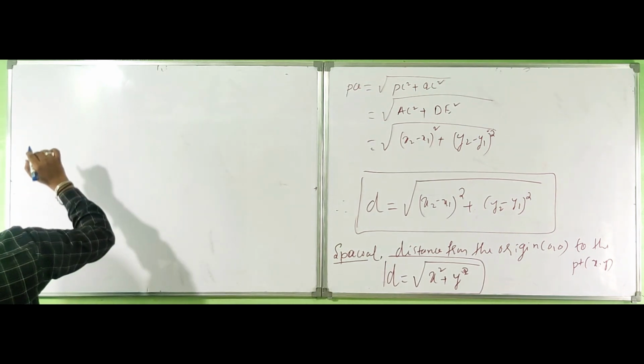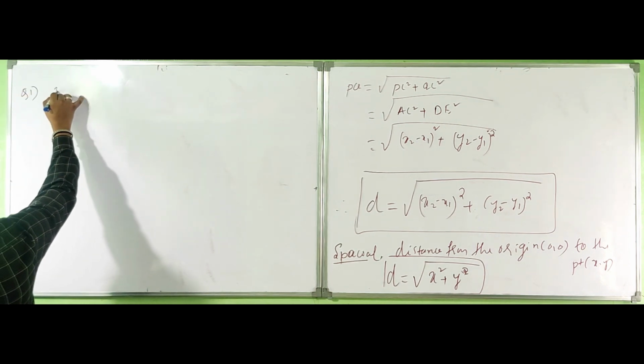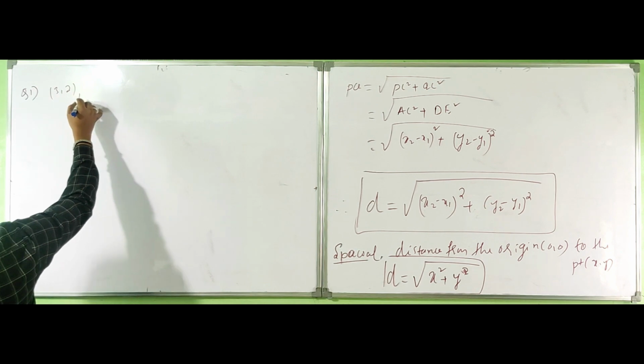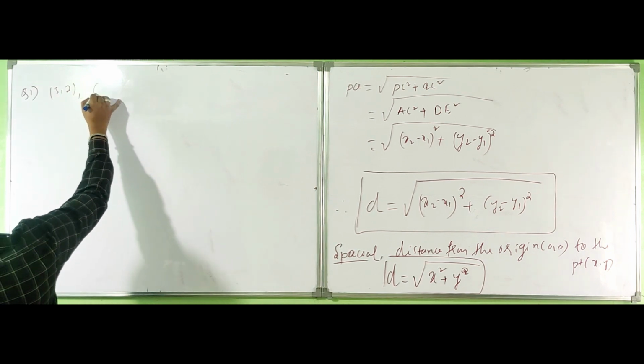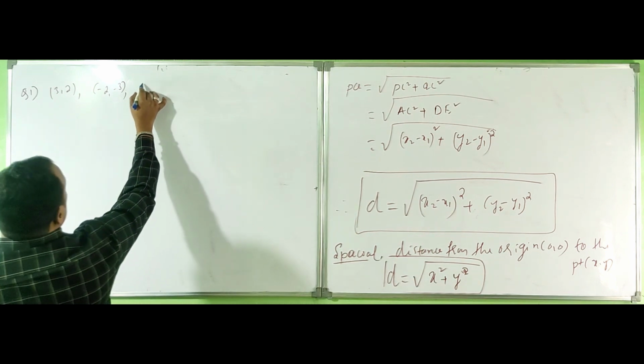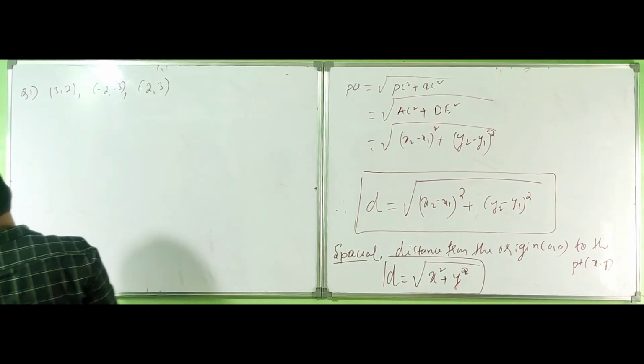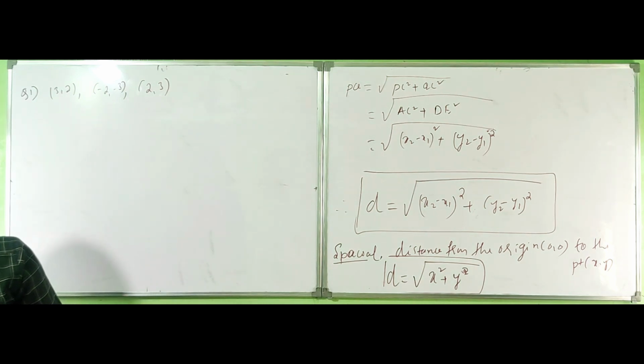Do the points 3, 2, minus 2, minus 3, and 2, 3 form a triangle?